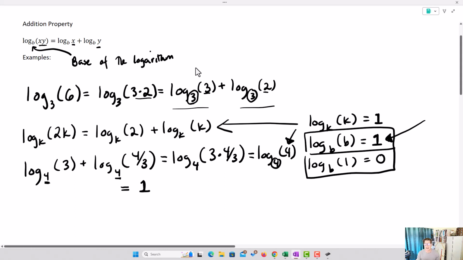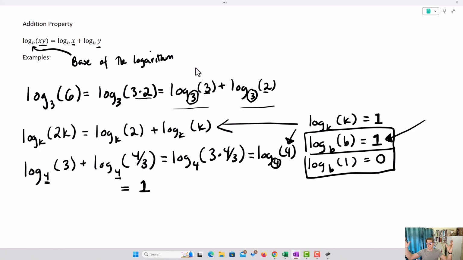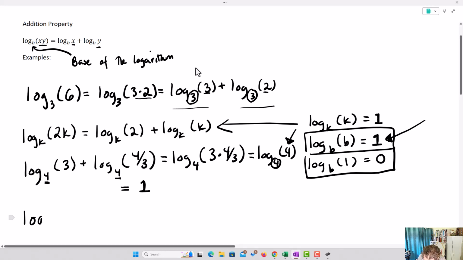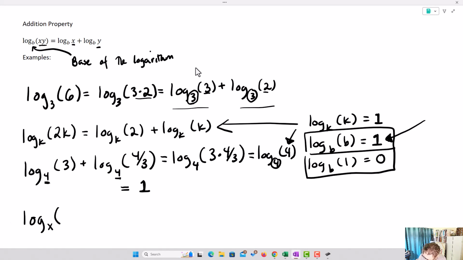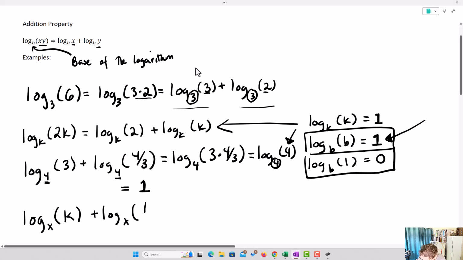Sometimes this makes simplifying our logarithms a lot easier, because what we can do is take an expanded logarithm, contract it, and then utilize one of our other properties in order to get some information. Take another example. We'll take log base x, so it's an unknown, and we'll have log base x of k plus log base x of 1 over k.